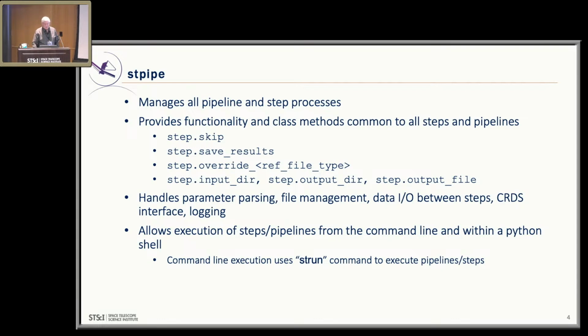There are parameters available that allow you to override the reference file being used by a given step instead of automatically retrieving it from the calibration reference data system, and so on. And then, of course, each individual step can have its own unique parameters as well.